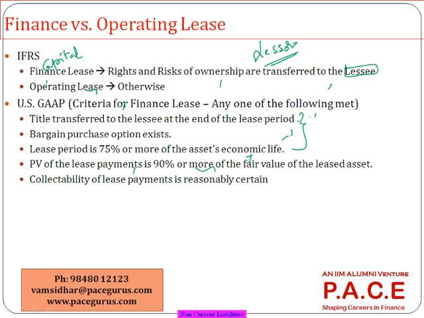Which means, okay, let's say we are talking of a 20-year lease period. We are getting into a 20-year lease agreement. So at the end of 20 years, if the property belongs to me altogether, right, for this 20 years, I'll pay you some kind of a lease amount. But after 20 years, when the lease agreement is over, the title is permanently with me, then we call it a financial lease.